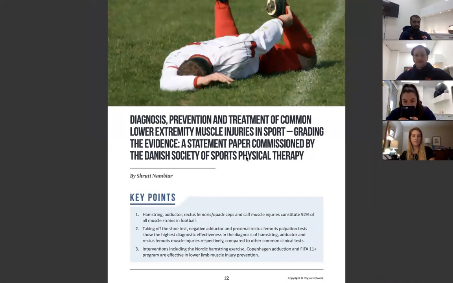There we go. Going over a paper that's looking at the diagnosis, prevention and treatment of common lower extremity muscle injuries in sport.